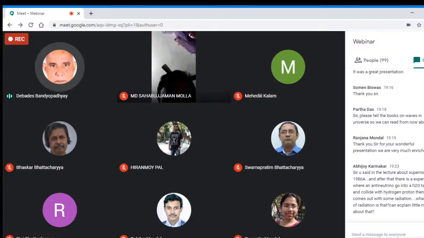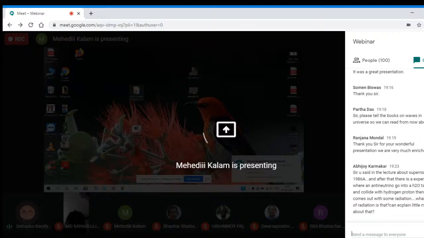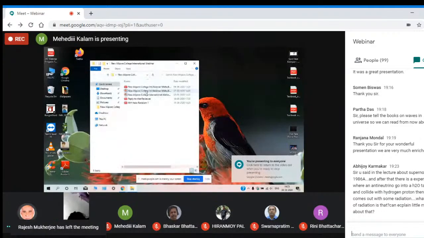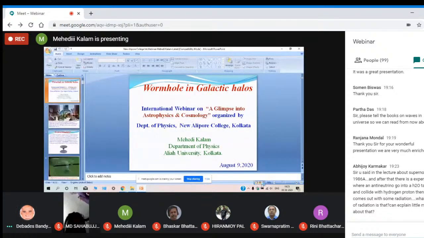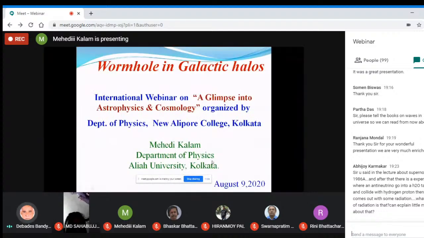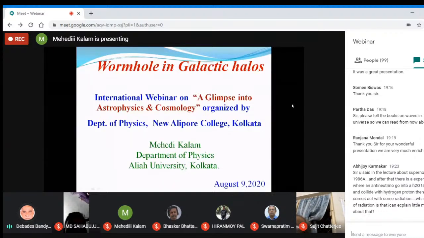Professor Dr. Mehdi Kalam is a professor in the physics department of Aliah University, which is located in Newtown. Very nice campus there. I have visited him several times there. He is also the Dean of the Science and Engineering faculty there. He got his bachelor's, master's, and PhD degrees from Jadavpur University.